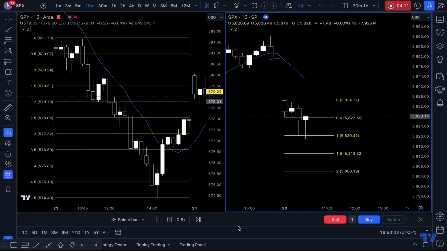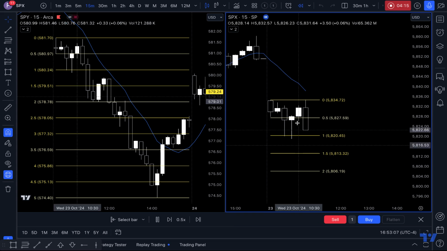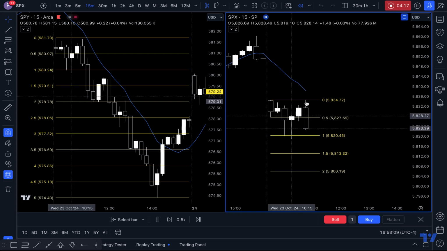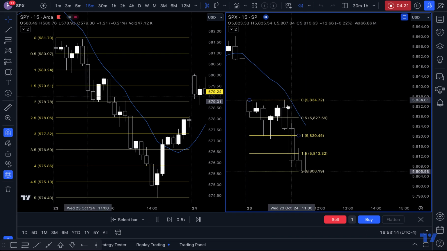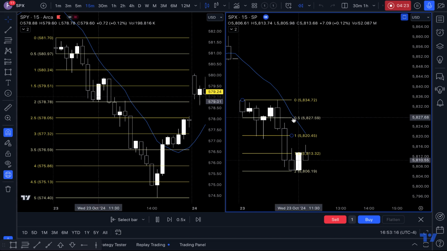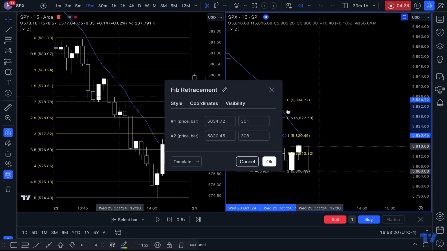So continue. It stayed, right? It tested the high and rejected, tested back here and it fell here. So okay, we already reached 2.